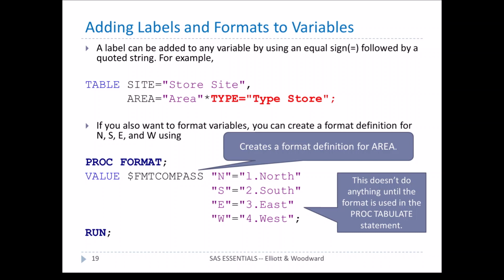So we can create a format definition for north, south, east, and west. If we want them to appear in that order rather than alphabetical order, we're going to define a format we're going to call compass, where n equals 1.north, s equals 2.south, east equals 3.east, and west equals 4.west. So that's going to cause the data to appear north, south, east, and west rather than in alphabetical order.